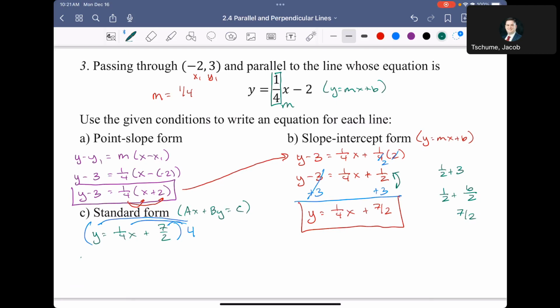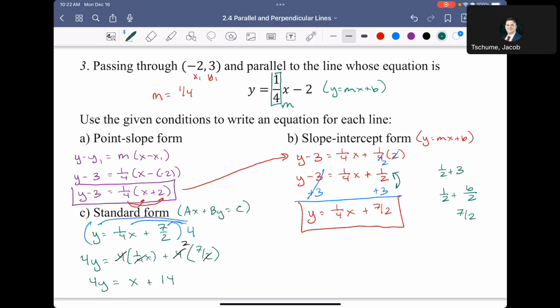That will end up being 4y equals 4 times 1/4 x plus 4 times 7/2. And as you can see, what happens is this 4 and this 4 cancel. This 4 divided by this 2 is 2, and you are left with 4y equals 1x plus 2 times 7 is 14.